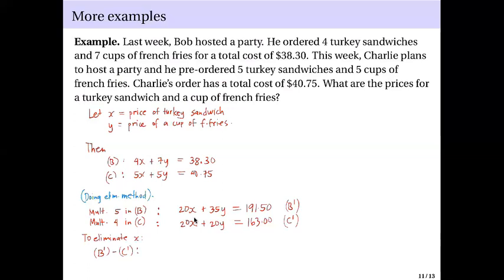First, you have your B prime, 20x plus 35y, equal to 191.50.